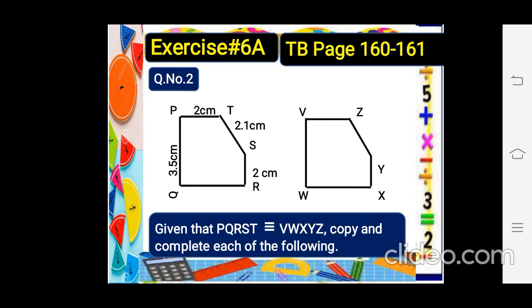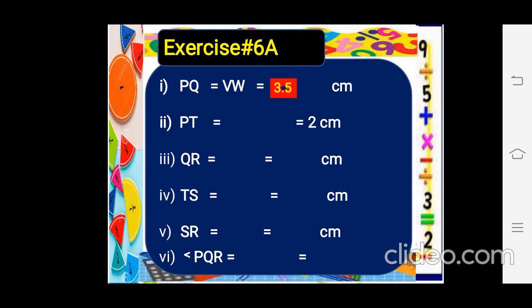Copy and complete each of the following. PQ equal to VW, and the length of PQ is 3.5 cm. So the length of VW is also 3.5 cm. The length of PT is 2 cm and PT is congruent to VZ.